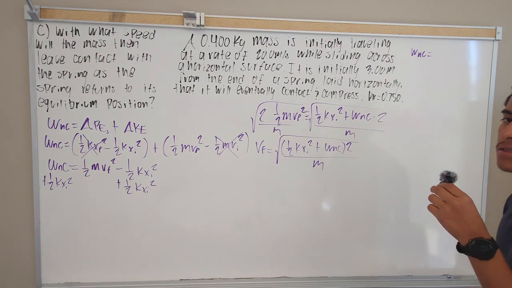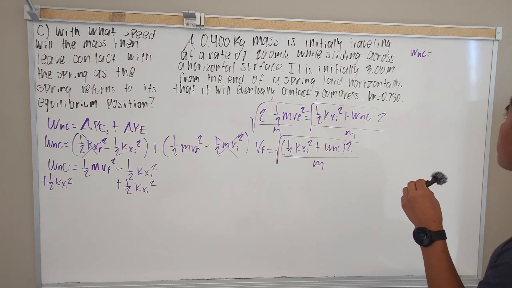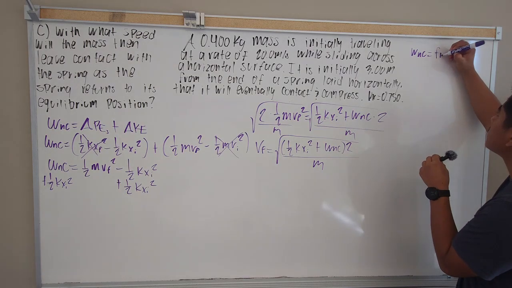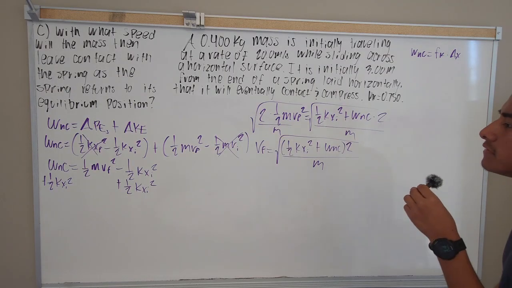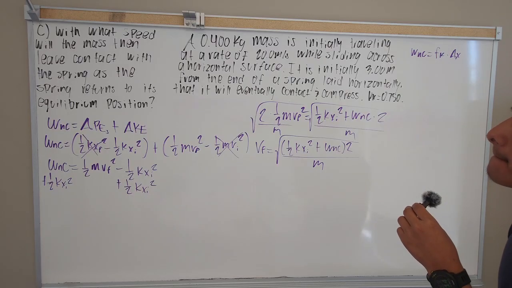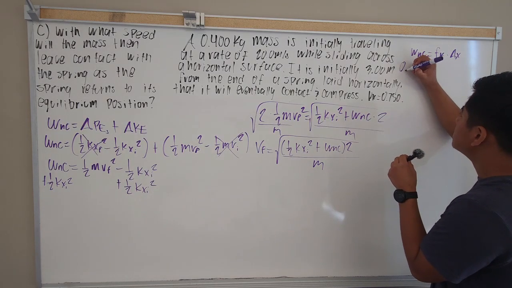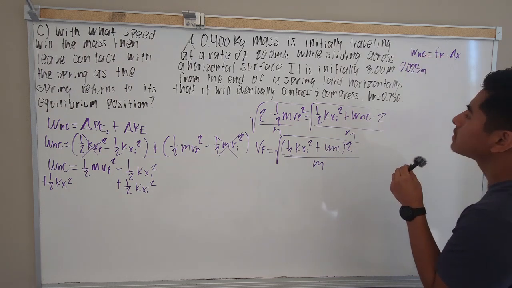We only have one non-conservative force here, which is the force of friction. So it's going to be the force of friction multiplied by the distance. And the distance here in this case is, I should have written it down, but it was 0.025 meters.